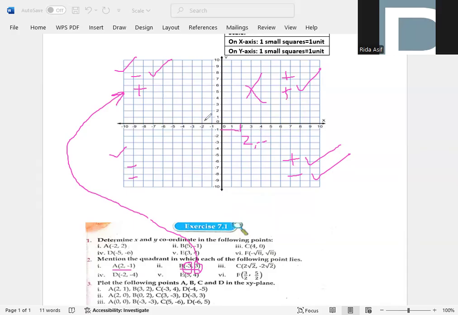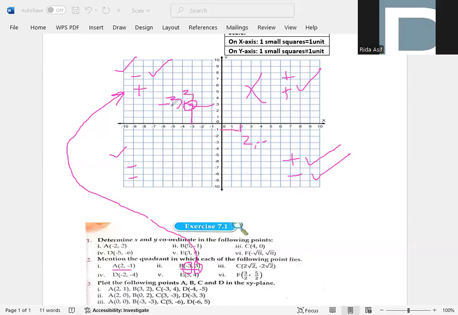If I want to plot this value in our graph paper, it must be over there. X value is -3 over here, and positive 3 will lie here. So this point shows -3 and 3.